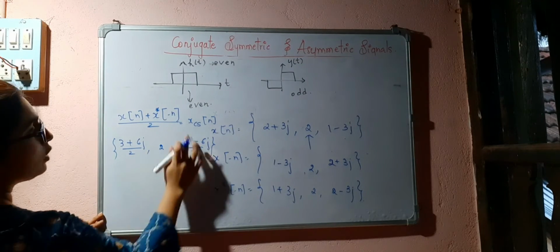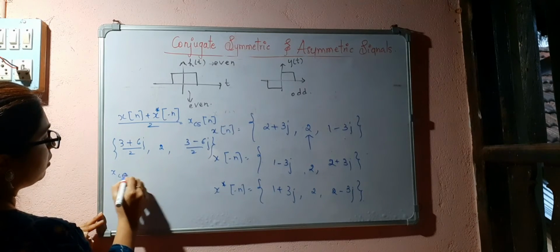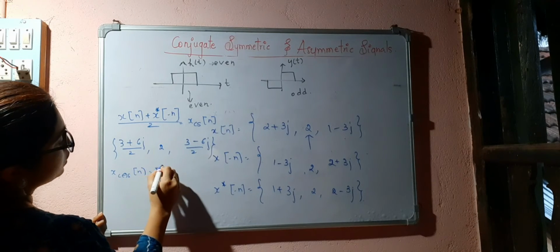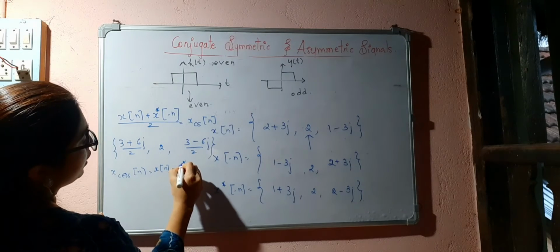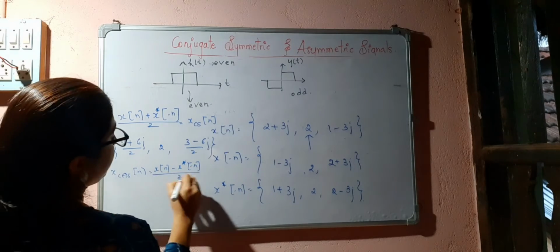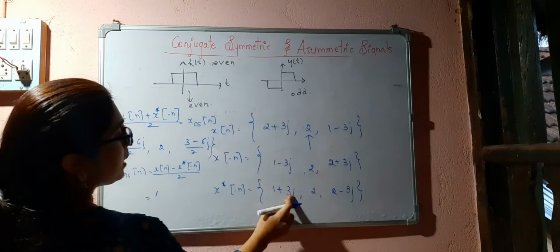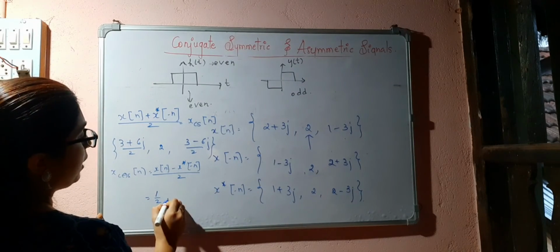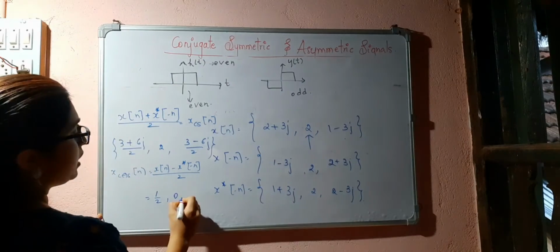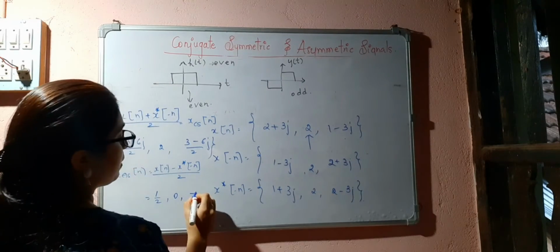Likewise, if you have to find the conjugate asymmetric part, this is x of n minus x conjugate of minus n, divided by 2. Okay, so 2 minus 1 is 1, 3j minus 3j is 0. So 1 divided by 2. 2 minus 2 is 0. 1 minus 2 is minus 1.